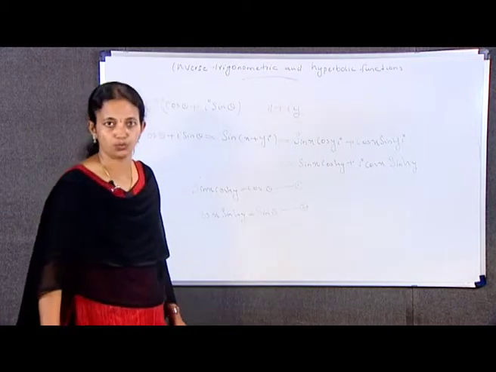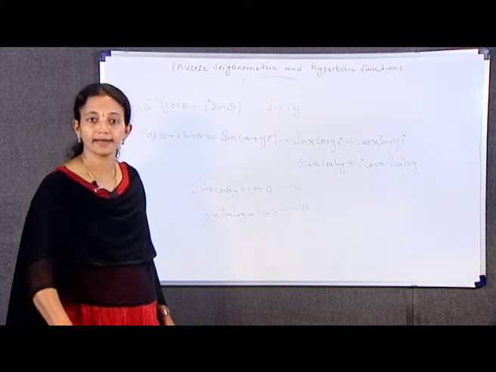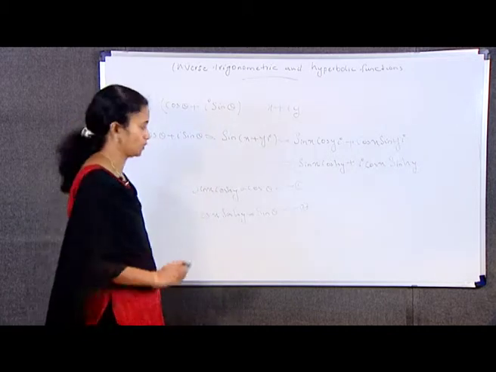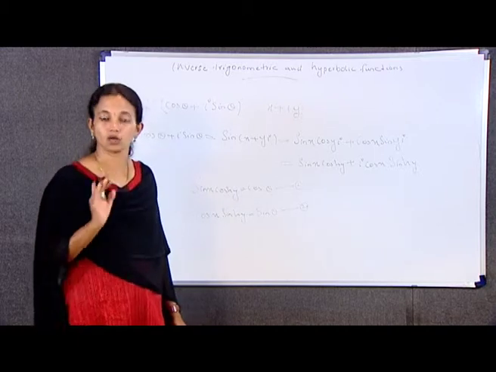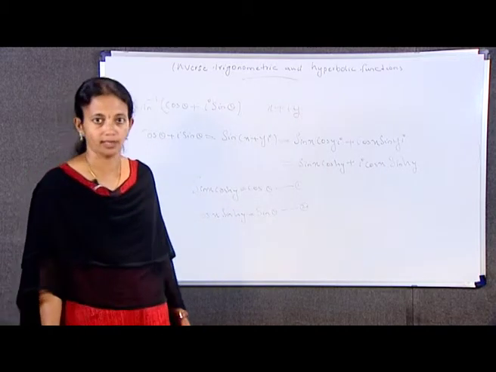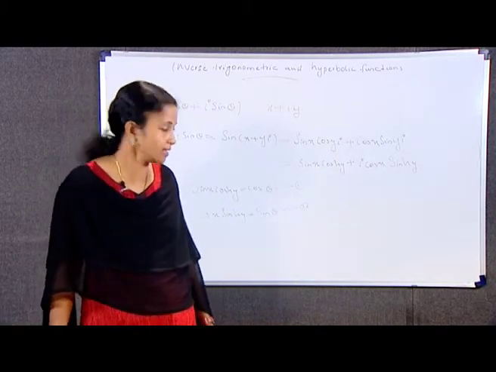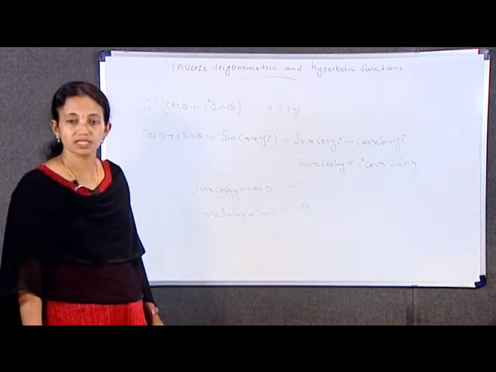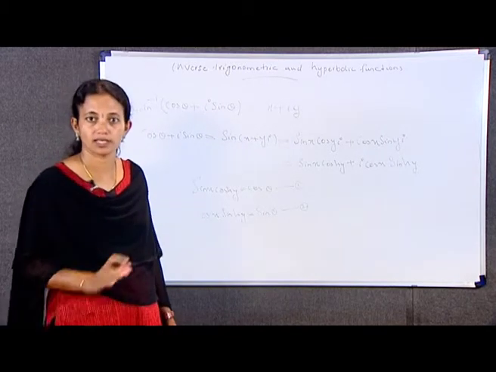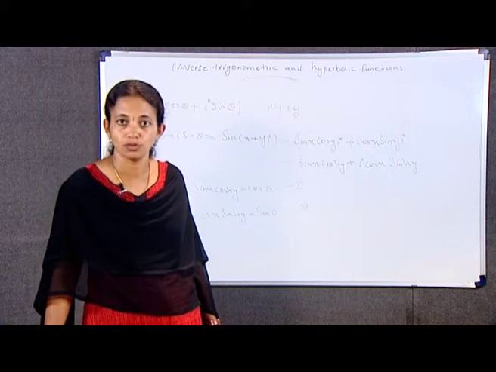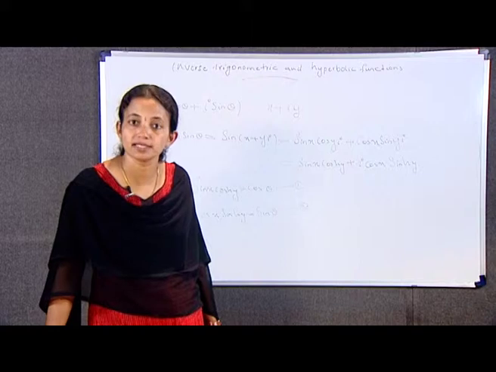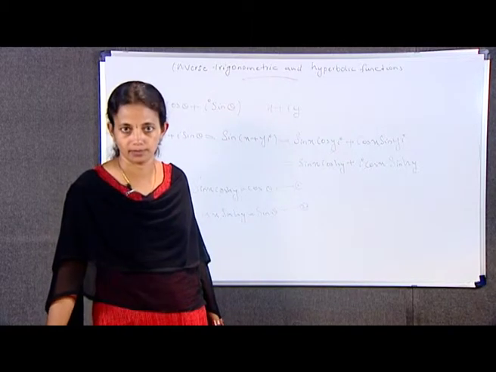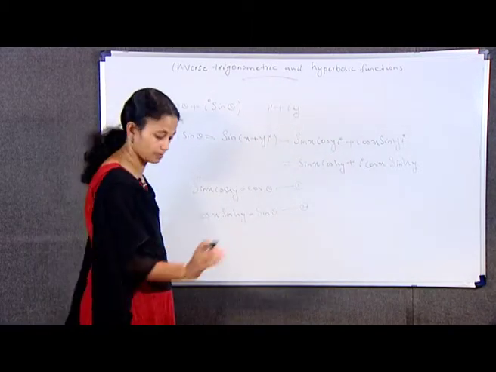equation number 2. Squaring and adding, we have 1 is equal to sin square x cosh square y plus cos square x sinh square y, which is equal to sin square x into 1 plus sinh square y plus cos square x into sinh square y.